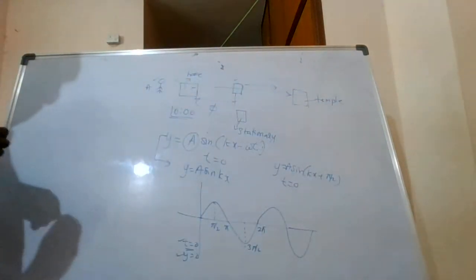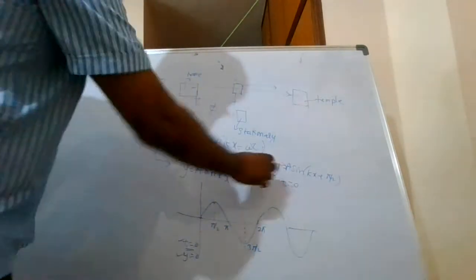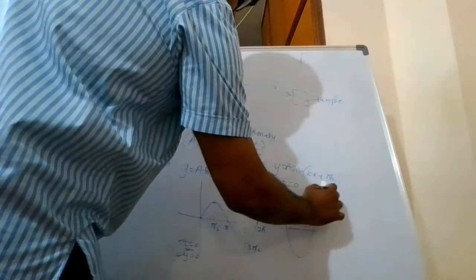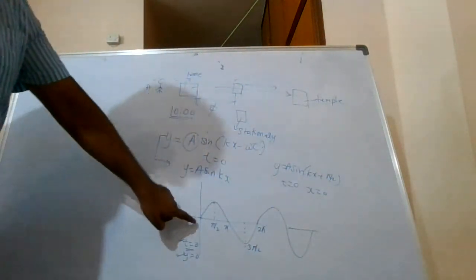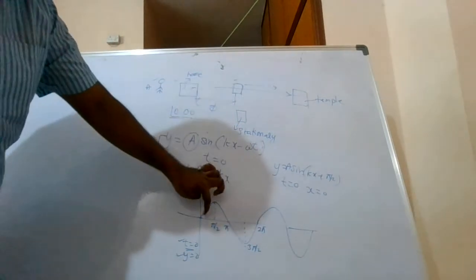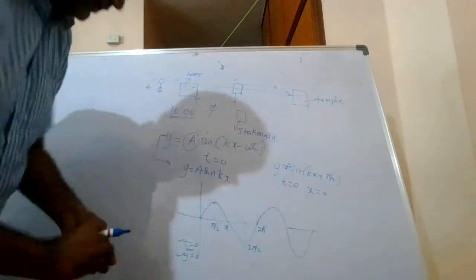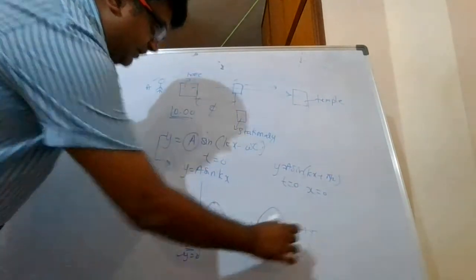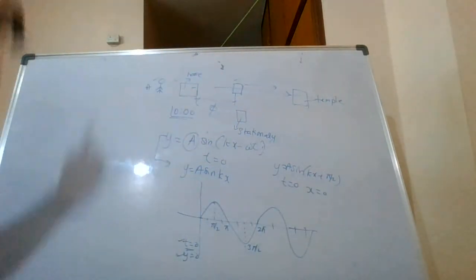So this value corresponds to x is equal to 0. You take x is equal to 0 also. What is this point? This point is x is equal to 0, isn't it? All these points have some x values. If you take some point here, you take some point here, these have got some particular x values. x also we will take 0.